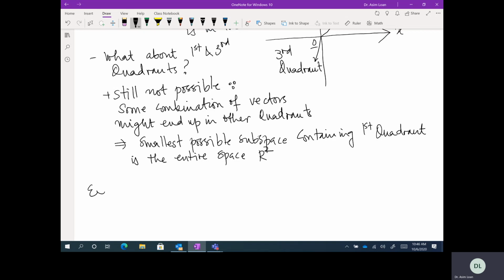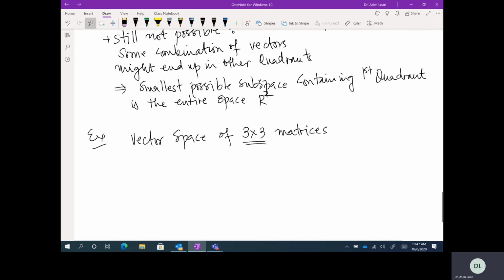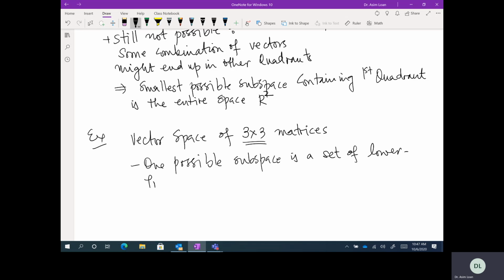Okay. What about the vector space of 3 by 3 matrices? I think we can also look at these 3 by 3 matrices as an array of 9 elements. So in any case, one possible subspace is the set of lower triangular matrices, and I hope you know what lower triangular matrices are after the first chapter.